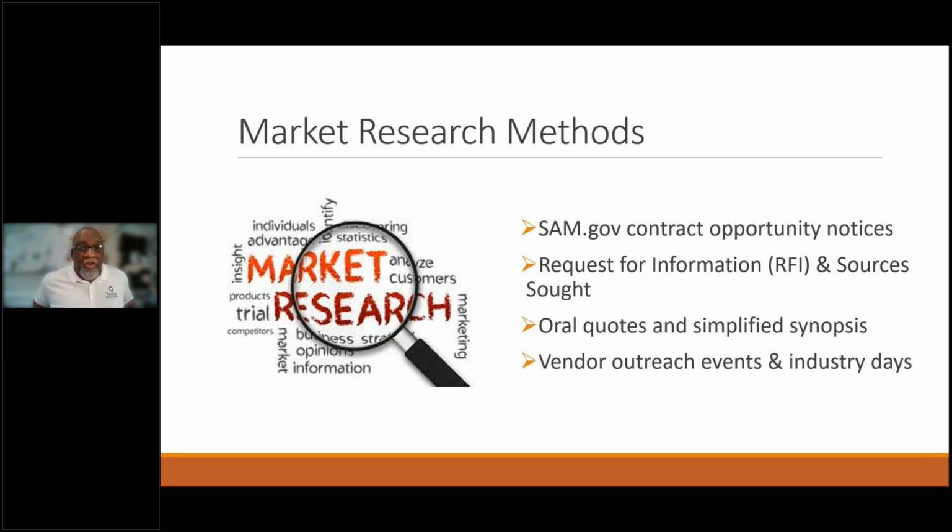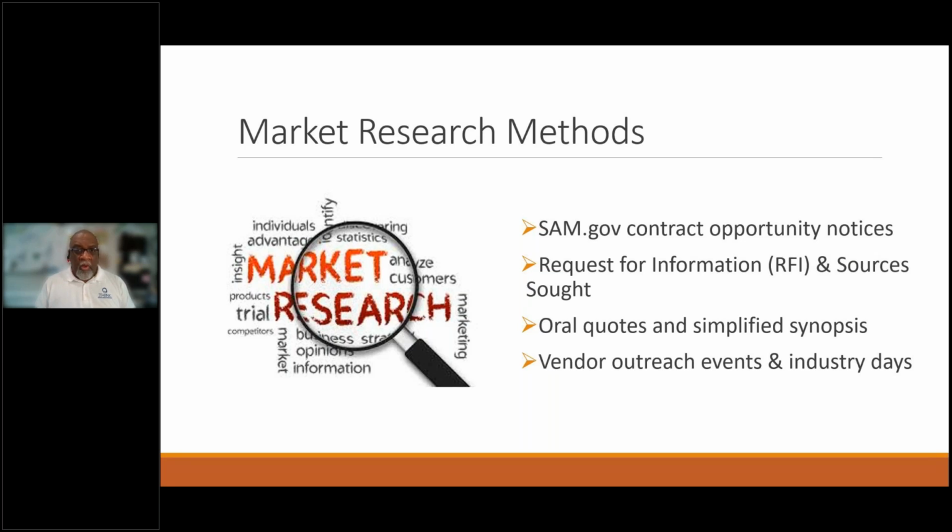Other market research methods include RFIs and sources sought, requests for information. These are the primary go-tos for government, in terms of soliciting not only additional information to help mature the requirements, the asks, but also sources sought, looking for providers.